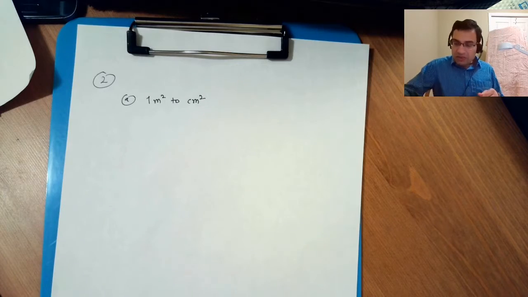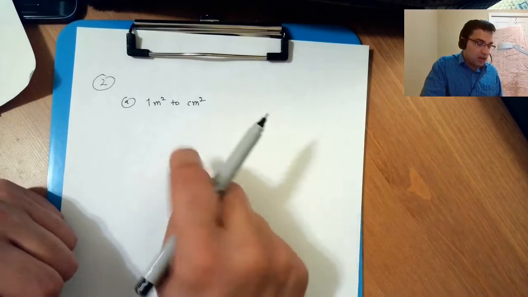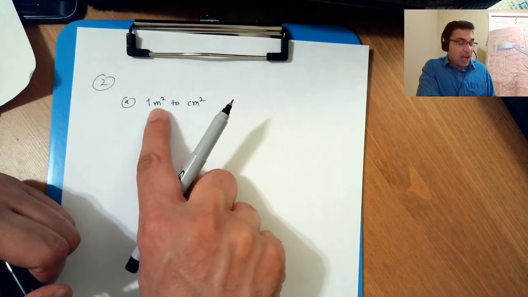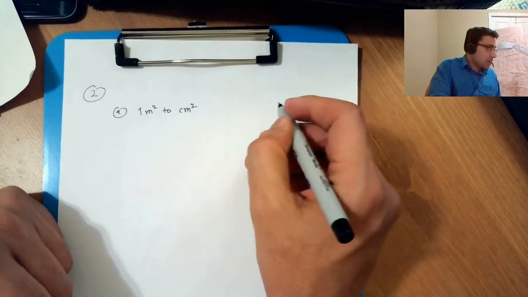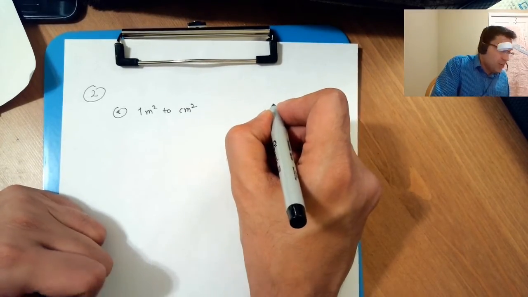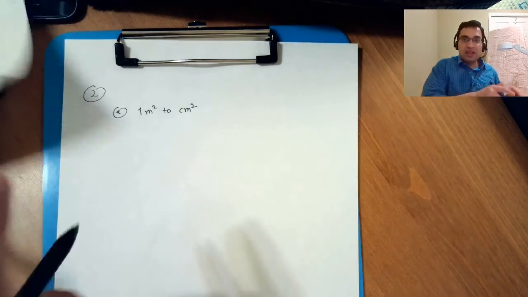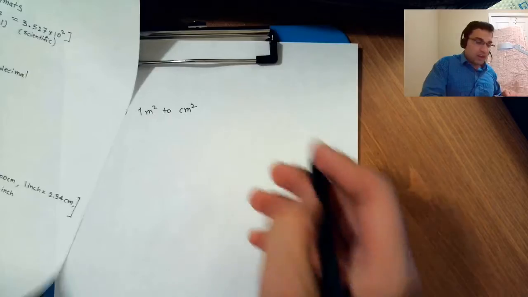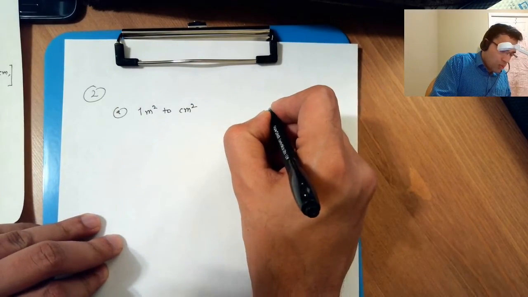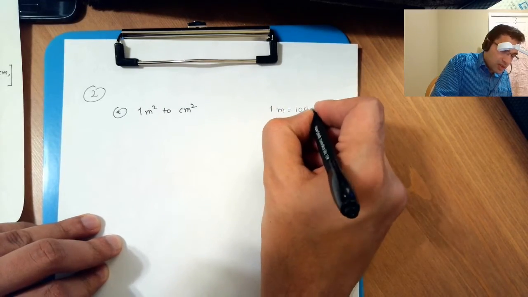All right, so the first one says convert 1 meter squared to centimeter squared. Now, immediately you realize that I know the conversion factor between meter and centimeter, and it's given in the problem statement, but I'll write it here one more time for your reference. 1 meter equals 100 centimeter.